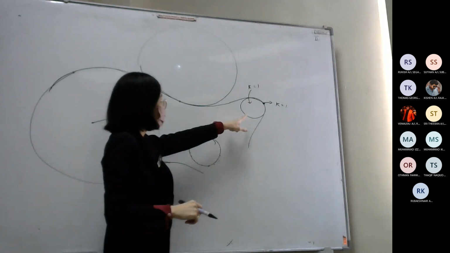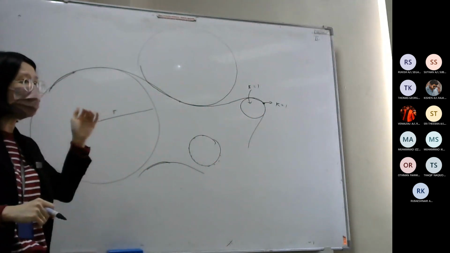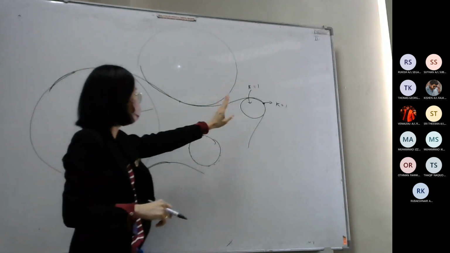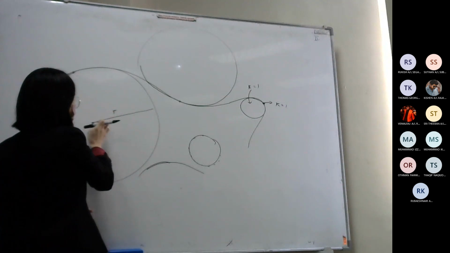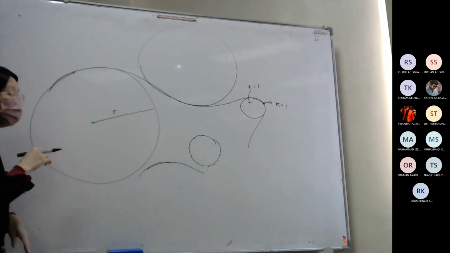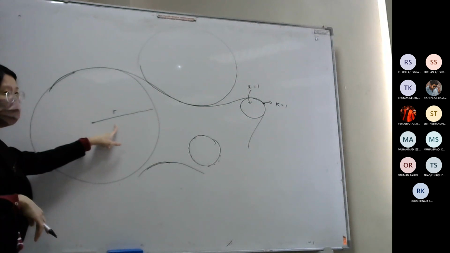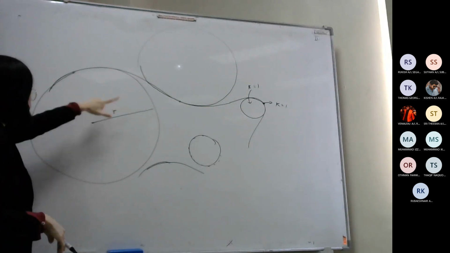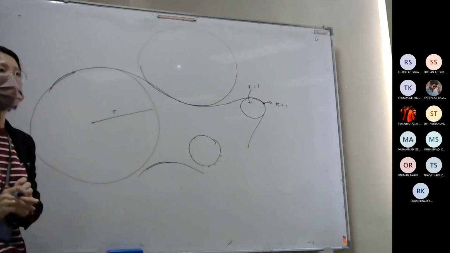The curvature is higher here because the curvature is the magnitude of the rate of change of the tangent vector. So this one's curvature is higher, this one's is lower. The radius of the oscillating circle is inversely proportional to the curvature. When the radius is larger, the curvature is smaller.